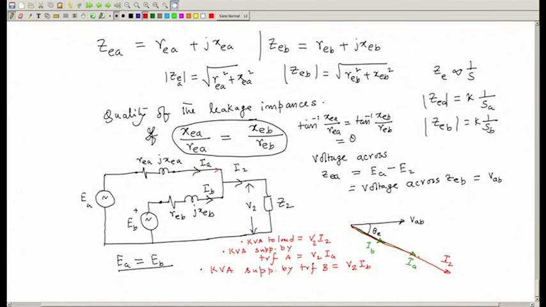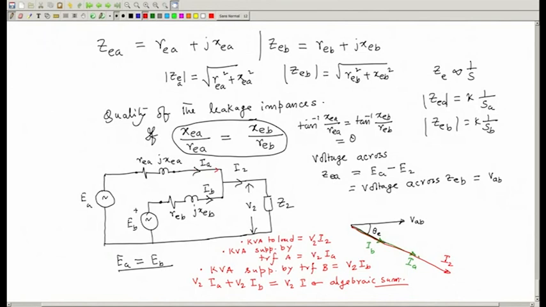And if the qualities of the leakage impedances are the same, the algebraic sum of these two is V2 IA plus V2 IB, which will be equal to V2 I, algebraic sum. That will be the case.